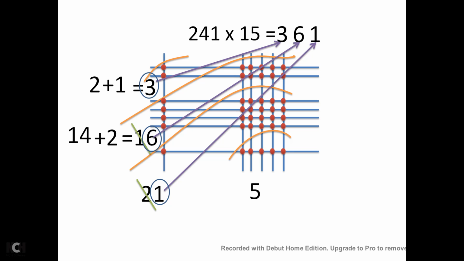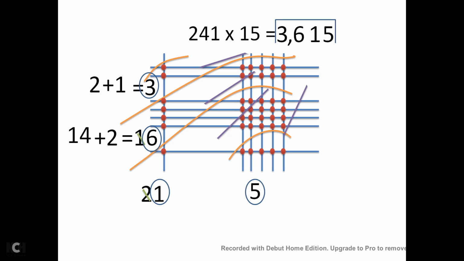And lastly, we have 5, and it should be written there. Therefore, our answer is 3,615. Easy, right? You can practice on your own, and you may use 4 or 5 digits if you want. Just follow the steps.